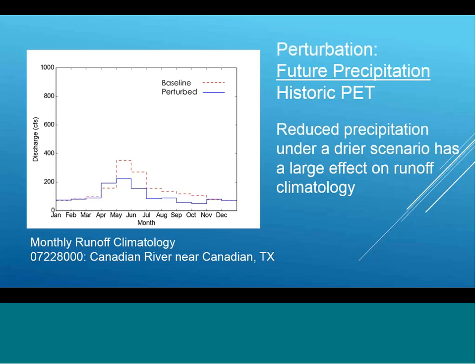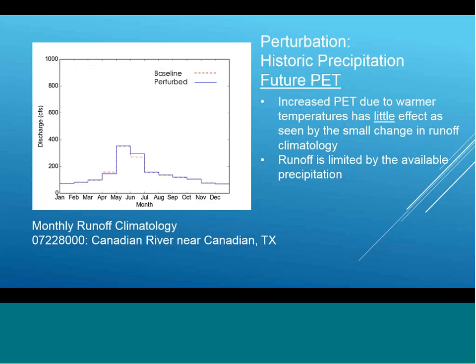Again, that's another USGS gauging station, but this time it's the Canadian River near Canadian, Texas, which is quite a bit upstream in the Panhandle. Okay, next slide. You can see a decrease. That's what the arrow is showing.